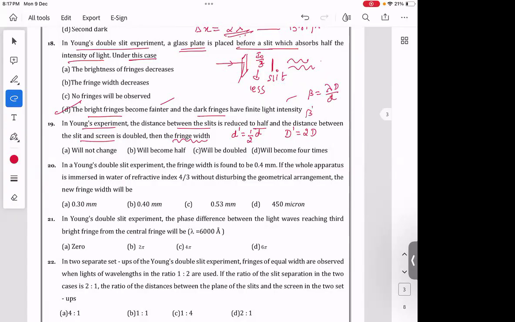What will be the new fringe width? Capital D is doubled and small d is halved, so small d becomes d by 2 and capital D becomes 2D. So the new fringe width becomes 4 times beta. So the fringe width will become 4 times.